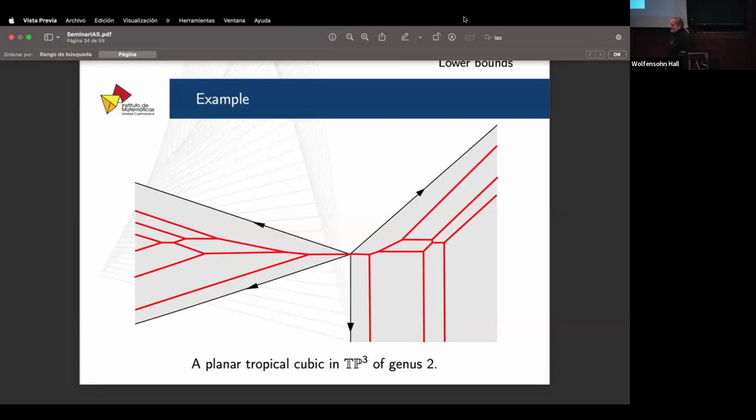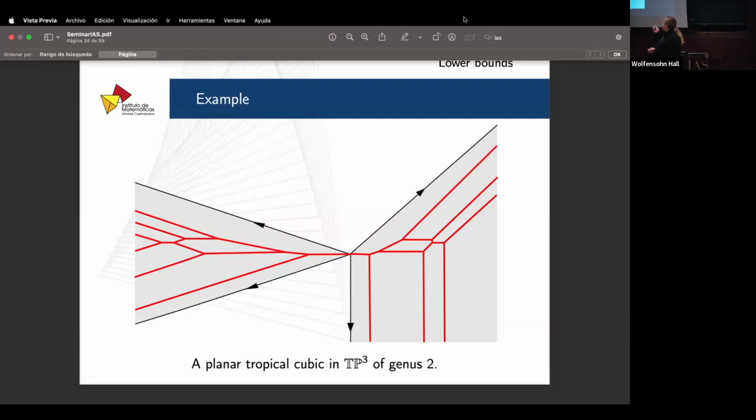Very well. I was sure someone was going to ask this. You can think, as in the case of algebraic varieties, that you can intersect with a complementary dimension linear space and count the number of points.